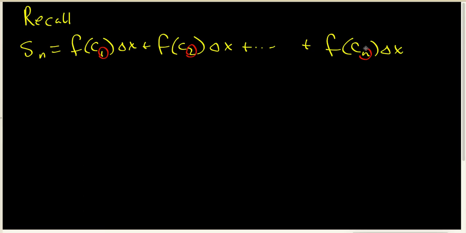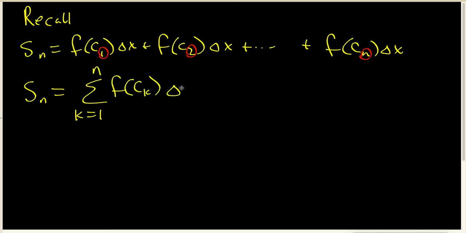In other words, each term has a sample point plugged into the function, and then we multiply by delta x. And as a consequence, we can rewrite this long expression as S_n is equal to the sum as k goes from 1 to n of f of our sample point for the kth subinterval times delta x.